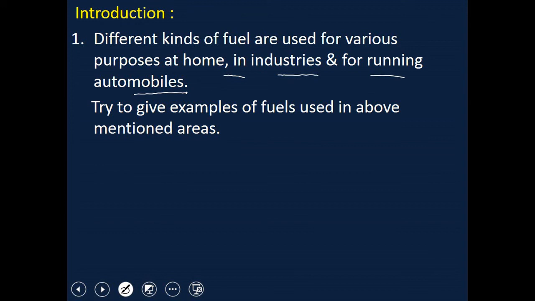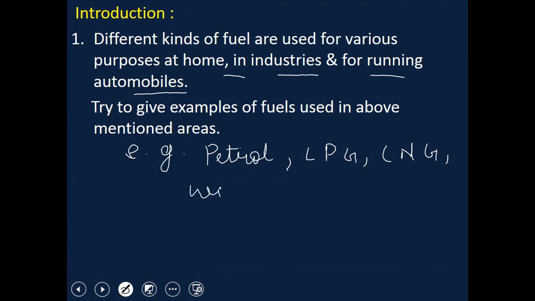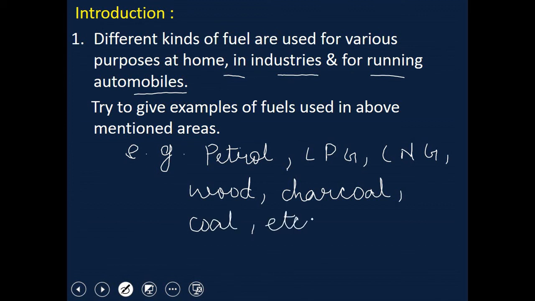Some of the examples I am mentioning here, definitely you will name the following fuels: petrol, LPG, CNG. Then you have wood, charcoal, coal, etc. So you have a lot of examples for fuels which are used in homes, in industries and for running automobiles.